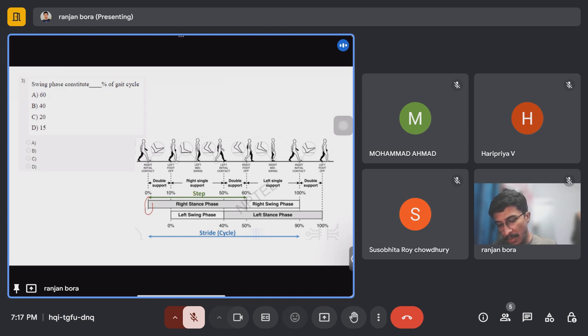First there is the stance phase. Right stance phase means the right foot remains in contact with the ground, and at 60% the right foot gets off the ground, and after that it remains in the air. Means it does the swinging movement. So this percentage is 40%. Answer B.